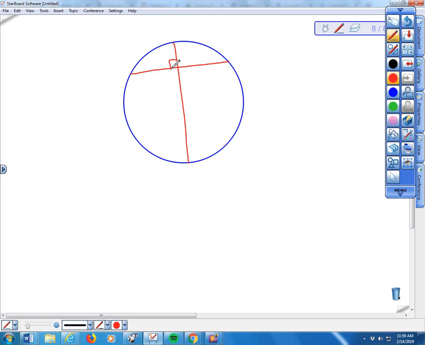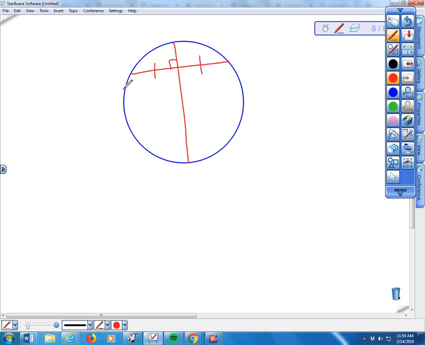The third theorem says that if the diameter is perpendicular to any chord in the circle, the 2 pieces of that chord it creates are equal. So it is, in fact, the perpendicular bisector. Okay?